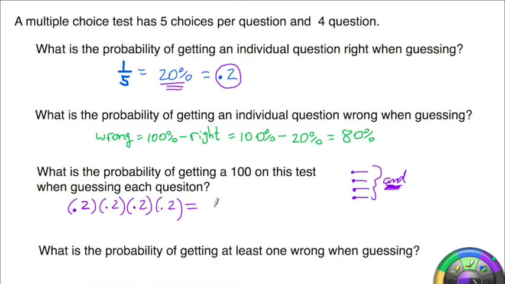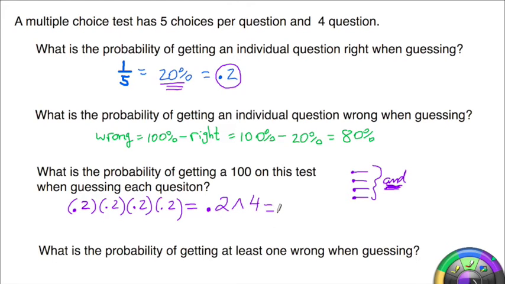Now in a calculator, it's much easier just to type in 0.2 raised to the 4th power. This little caret symbol is kitty corner to, I think, the 7 on the TI-30X2S. No, it's on the right-hand side, closer to the 9.